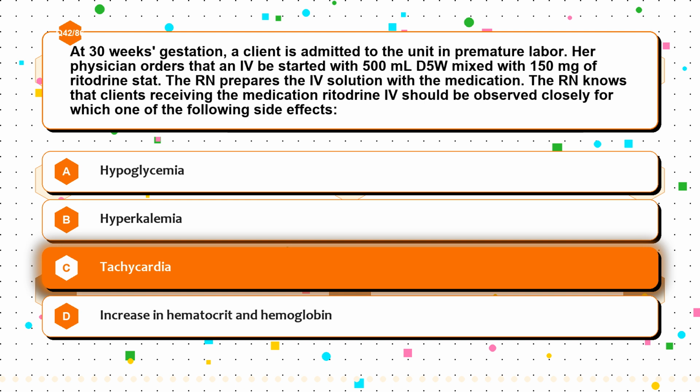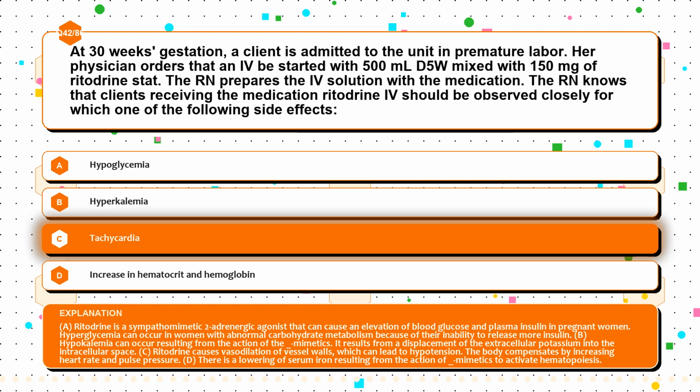Tachycardia. Ritodrine is a sympathomimetic adrenergic agonist that can cause an elevation of blood glucose and plasma insulin in pregnant women. Hyperglycemia can occur in women with abnormal carbohydrate metabolism because of their inability to release more insulin. Hypokalemia can occur resulting from the action of the mimetics.